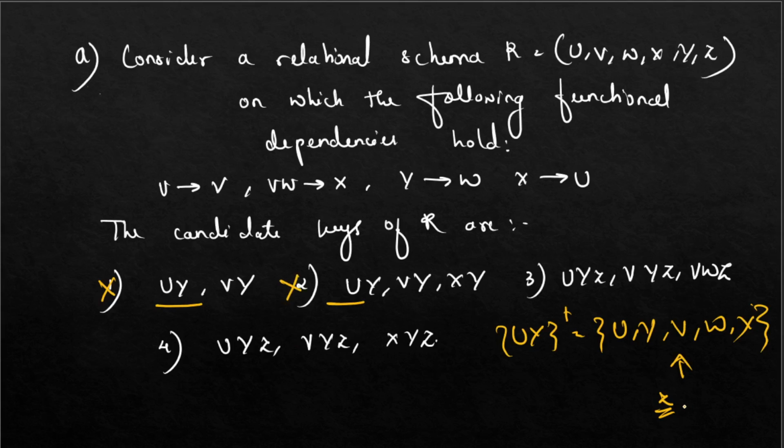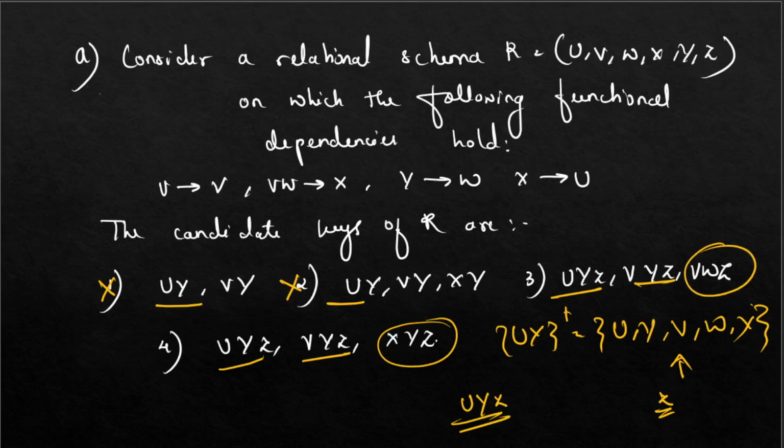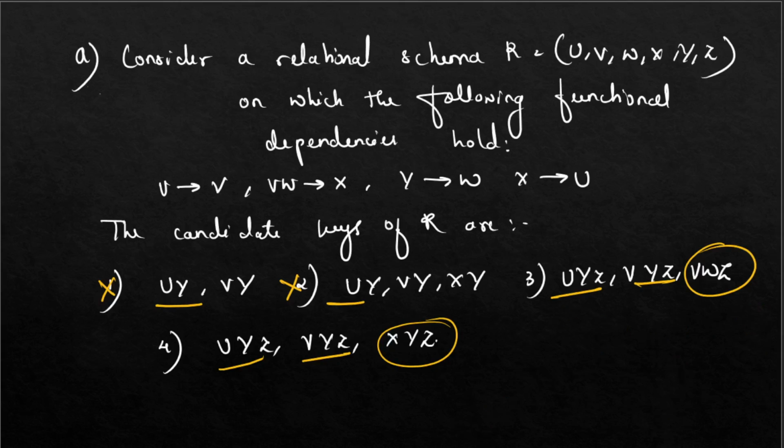Now Z is compulsory, so UYZ can derive all the attributes. UYZ is there, UVY... UYZ is there. After that, the rest are different options. Now let's try one by one to find which is the correct option.